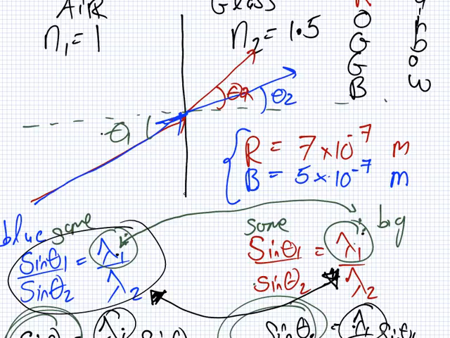At the end of the day, the whole reason all of this happens, the change in the colour, the change in the angle, is the change in the speed. If this was 1.6 and this is also 1.6, the light travels at the same speed in both, and none of this would happen.